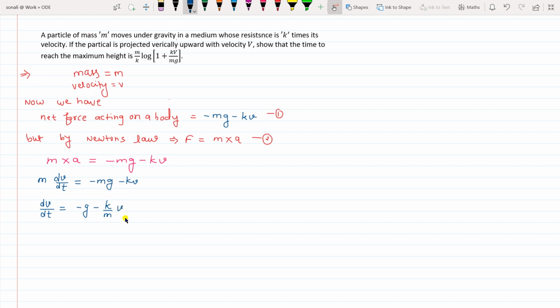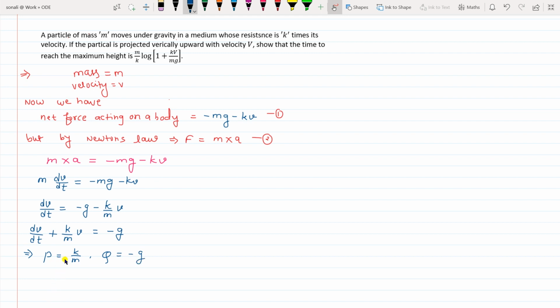Now we have to shift this term to the left side. We have to write it in the standard form of differential equation, plus k/m into v is equal to minus g. So if I compare with the standard linear differential equation, we get the value for P, it is k/m, and the value for Q, it is minus g.